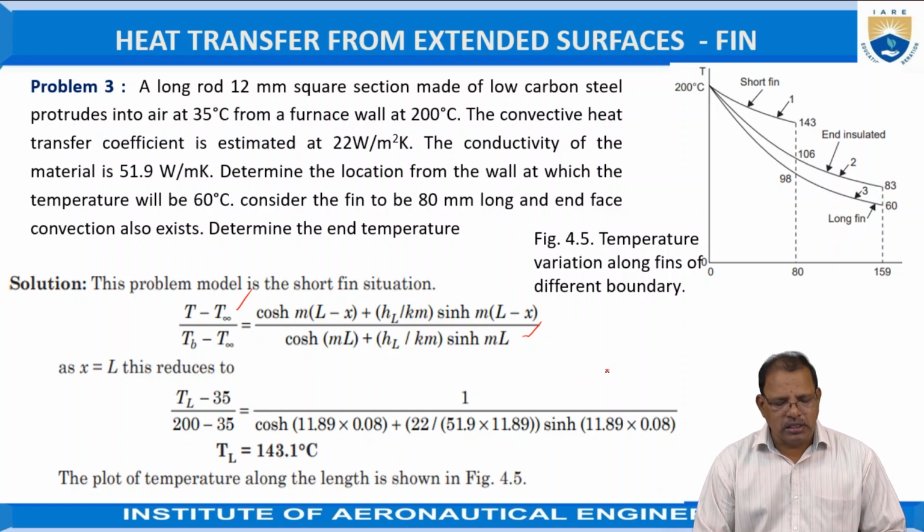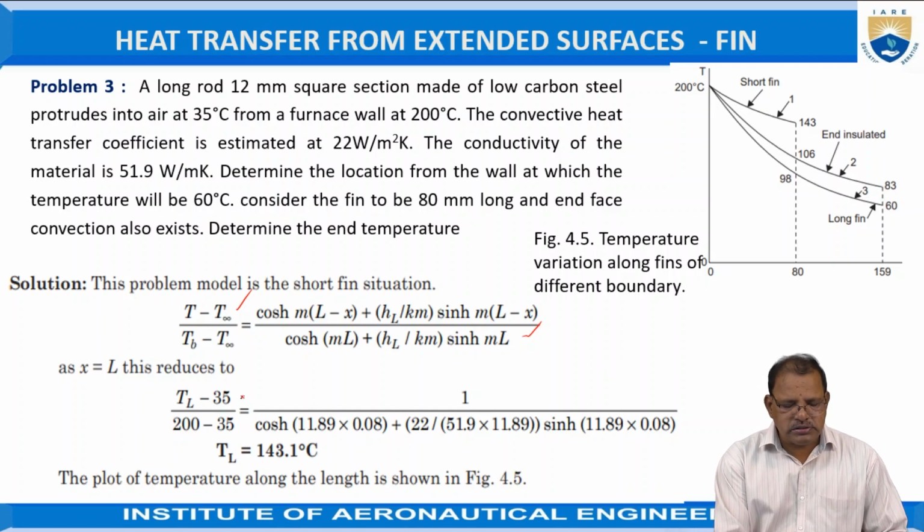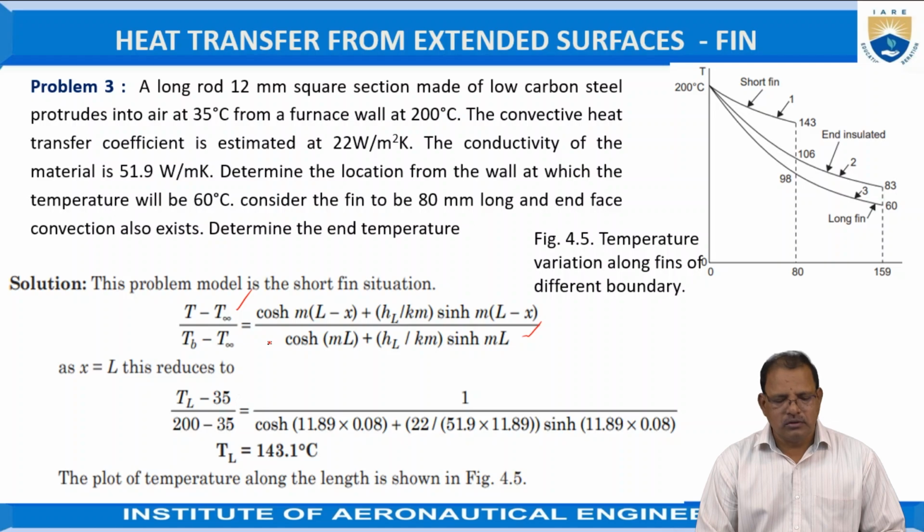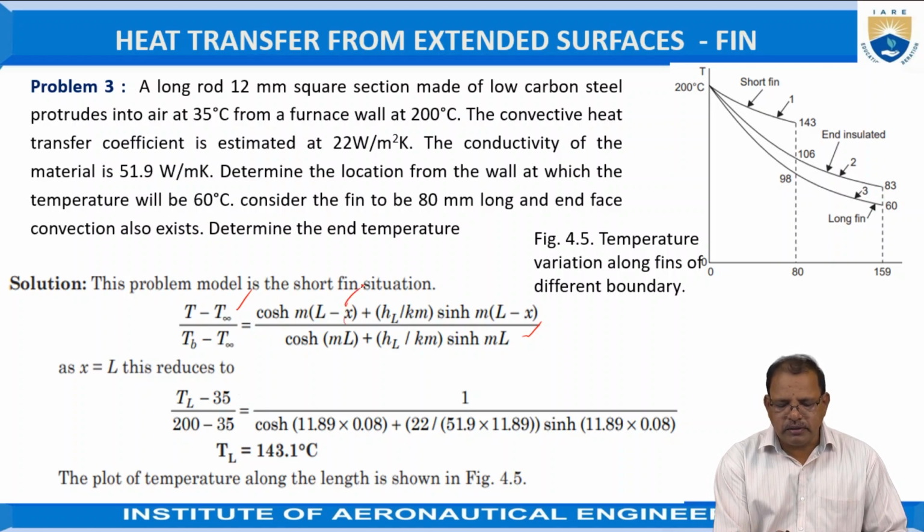Where x is equal to L, this equation is reduced to (T_L - 35) / (200 - 35), because here this value becomes 0 and the other becomes 1.